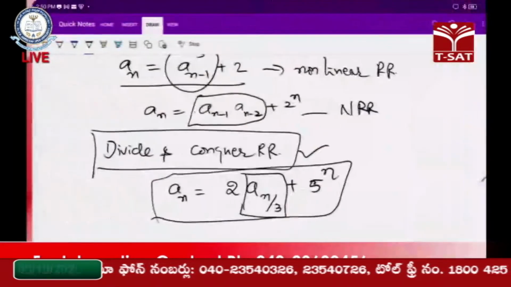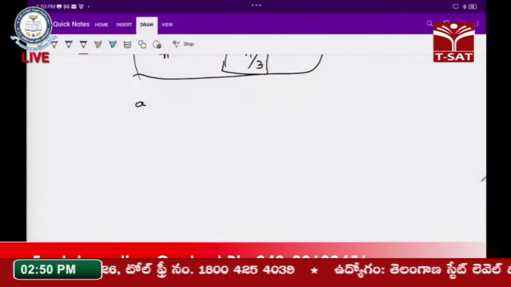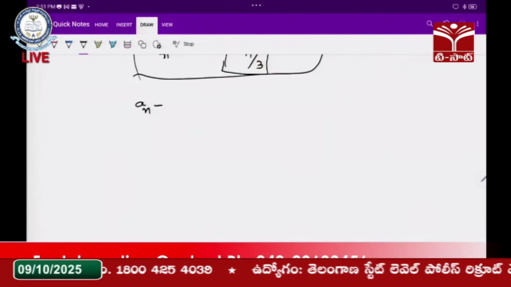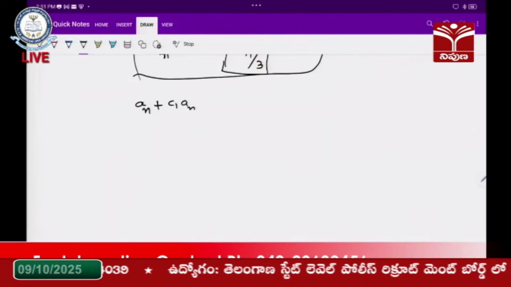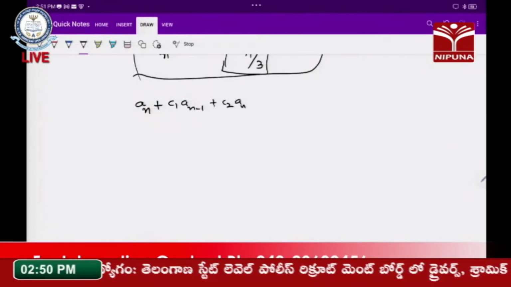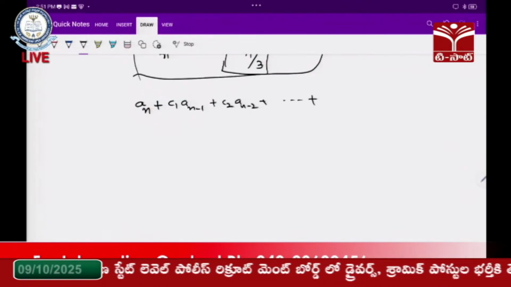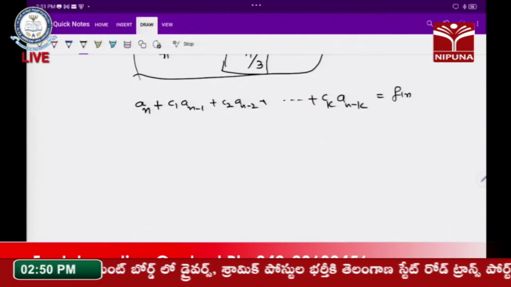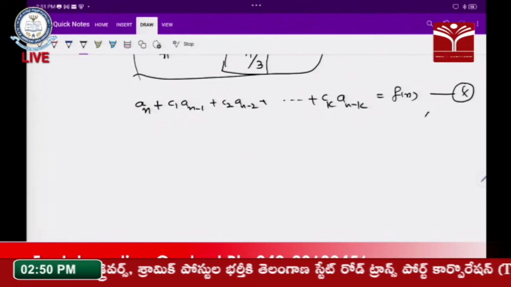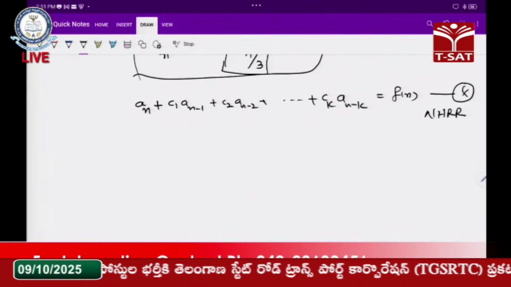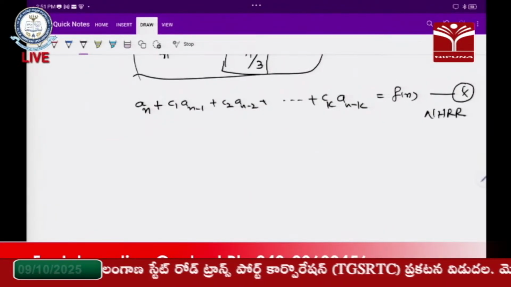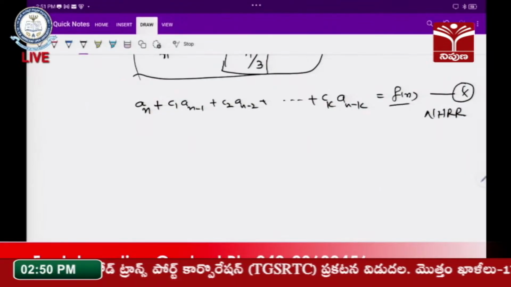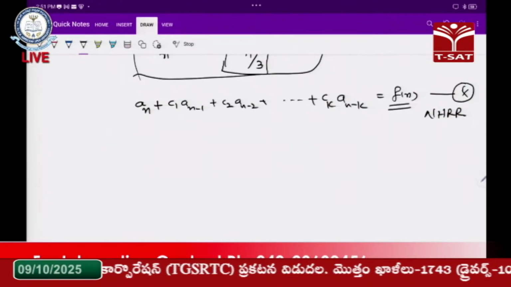Now, the solution is here. Let us consider my equation as an plus C1 into an minus 1 plus C2 into an minus 2 and so on, Ck into an minus k equal to f of n. This is my equation. What is this equation? Non-homogeneous recurrence relation, correct? Now, like in differential equation, if this right side function is e power ax, we have some methodology.